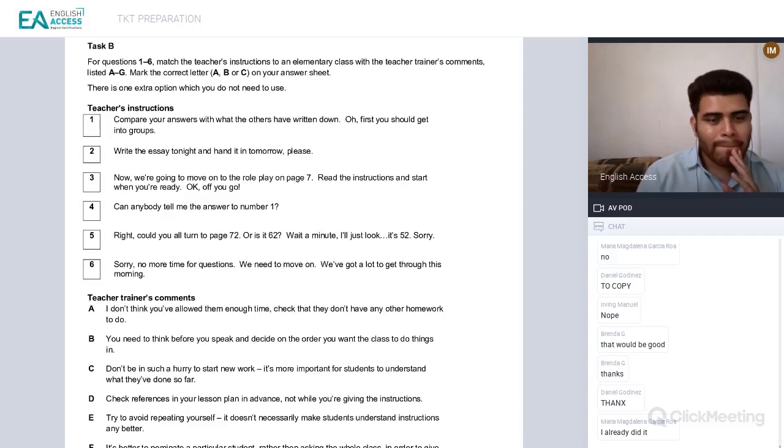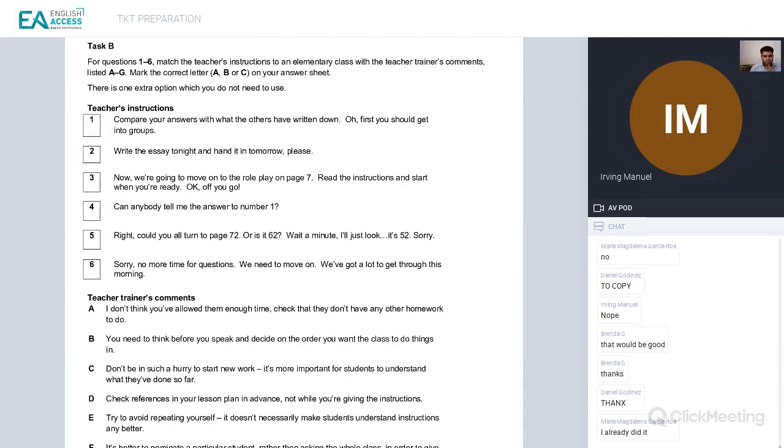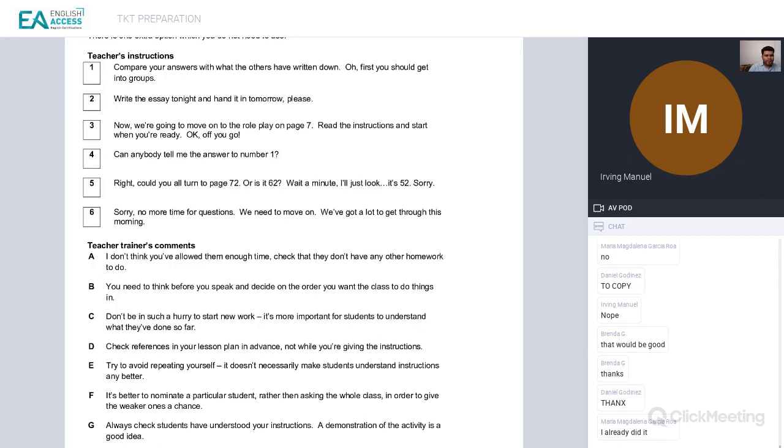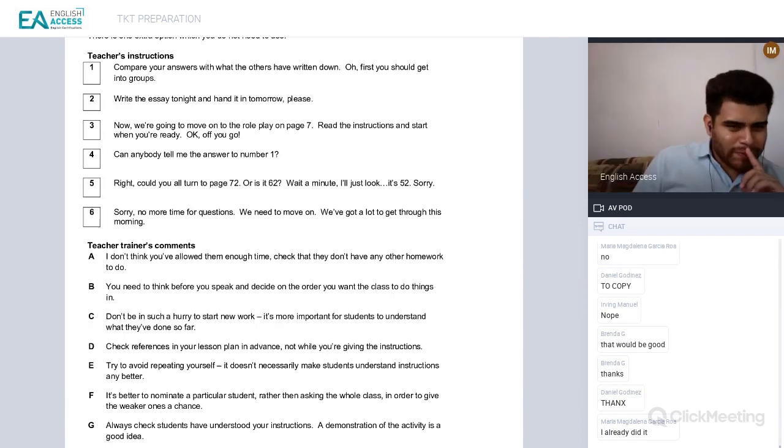For questions 1 to 6, match the teacher's instructions to an elementary class with the teacher trainer's comments, listed A to G. Mark the correct letter A, B, or C on your answer sheet. There is one extra option which you don't need to use. Thank you so much, Irving. Please help me with the rest, all right?